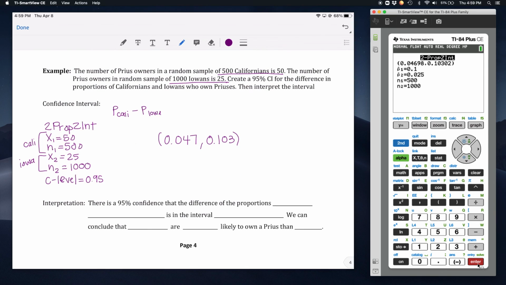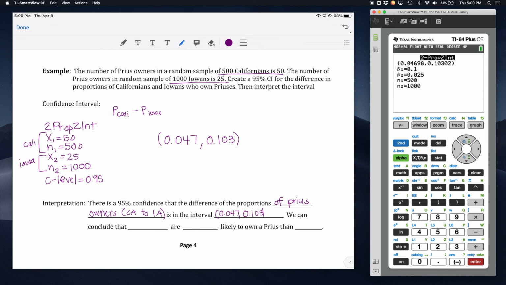Okay, so there is a 95% confidence the difference in proportions of Prius owners from California to Iowa is in the interval 0.047 to 0.103.